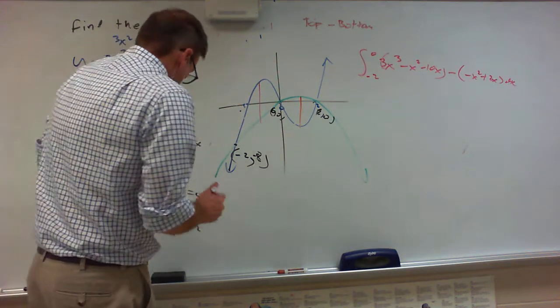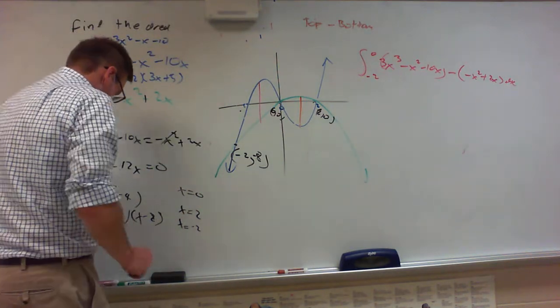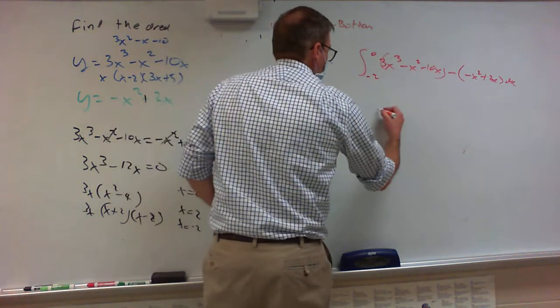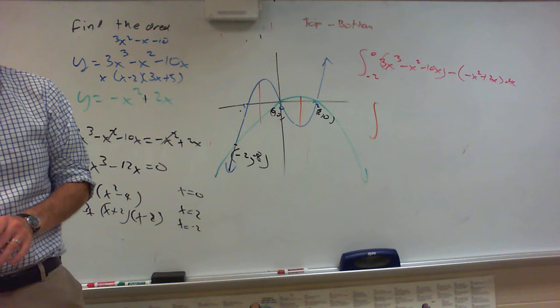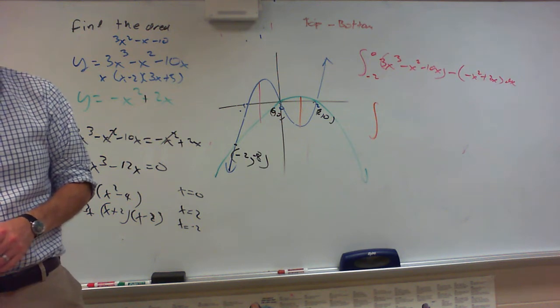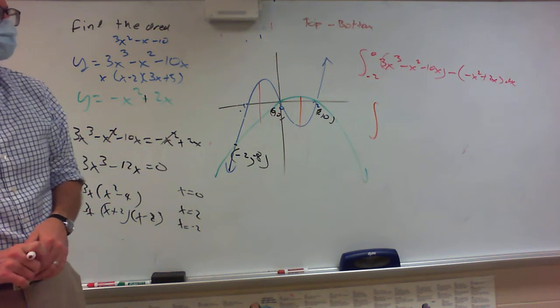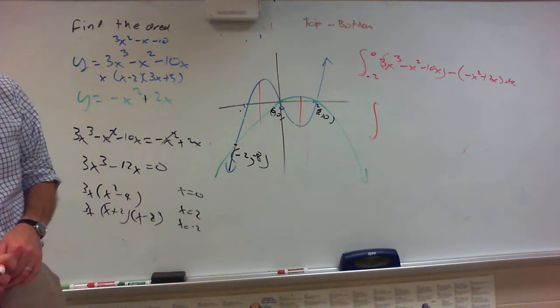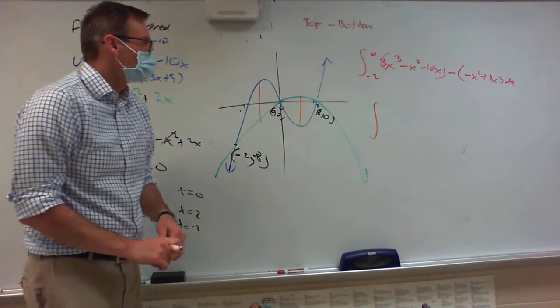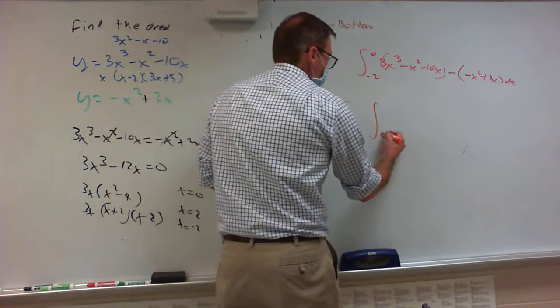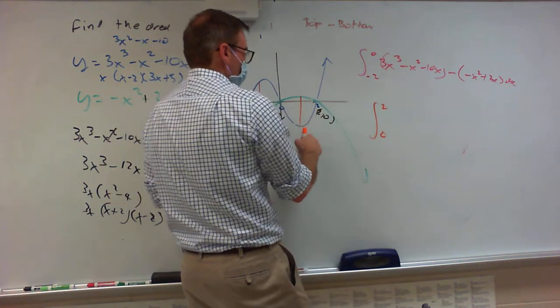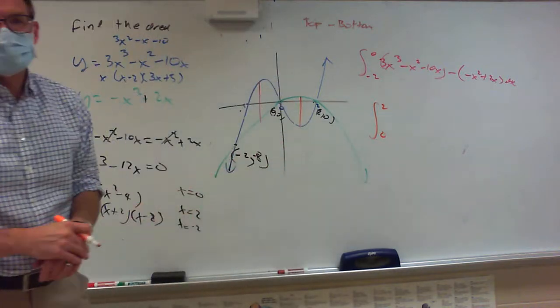Okay. Now the orange rectangle. Where are those rectangles being stacked from? Notice how this rectangle is going from 0 to 2? So this is going from 0 to 2, and then I'll do top function minus bottom function. And what's the top function in this one?